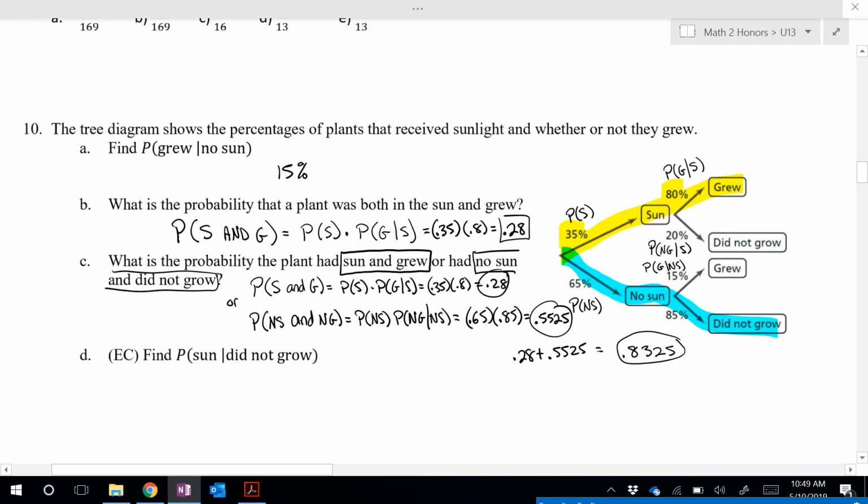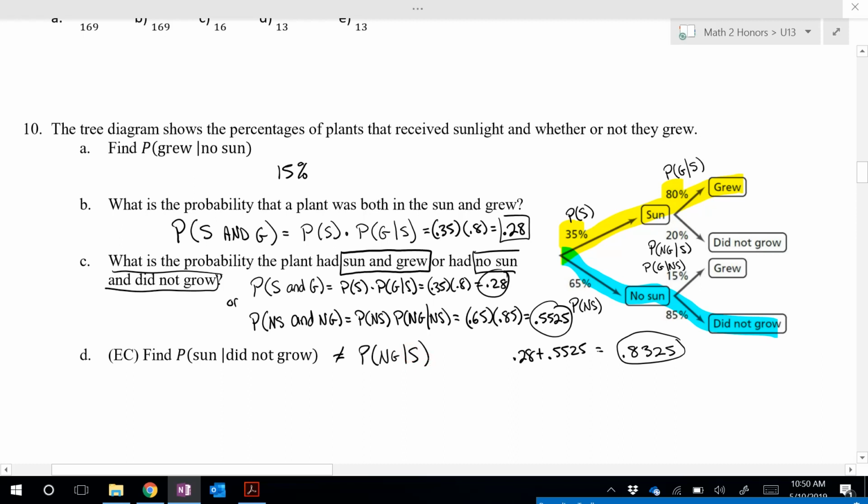Now part D is extra credit, so that means that's for you to do and try. It's doable, but it's a little challenging. Careful, this is different. This is not equal to the probability of no grow given sun. Right?